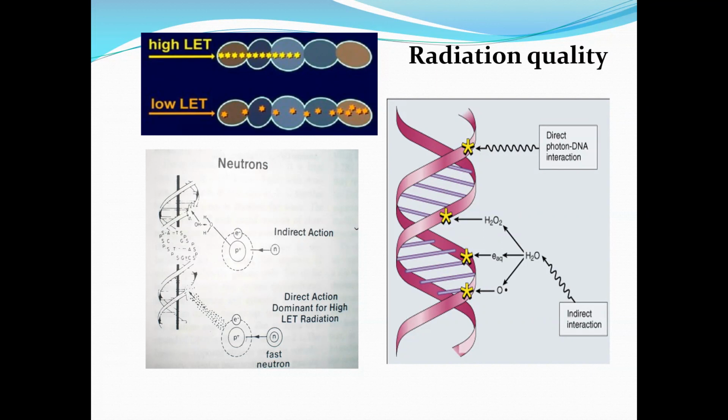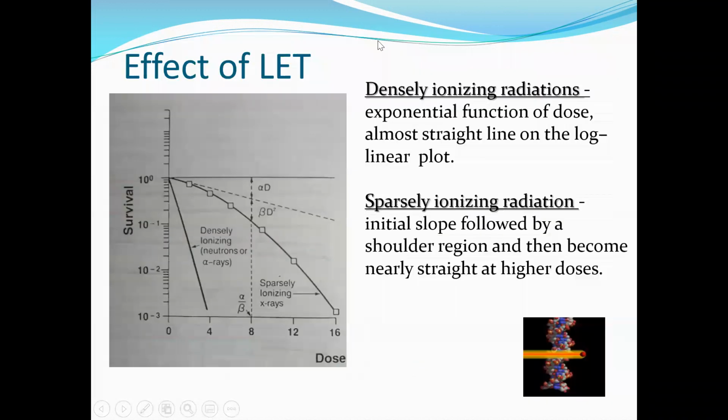Now in a nutshell, linear energy transfer. When radiation travels, it either keeps depositing energy at small distances, or it keeps depositing higher. High LET usually causes direct damage, and low LET usually causes both. Densely ionizing radiation gives an exponential function of dose, almost a straight line on the log-linear plot.